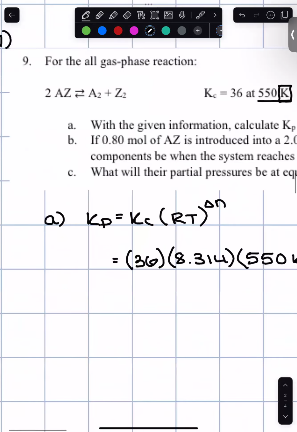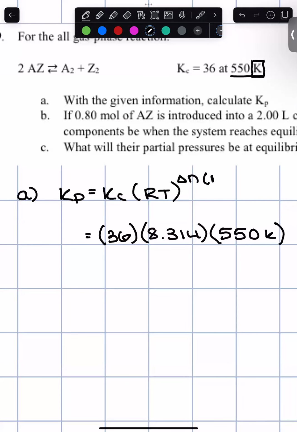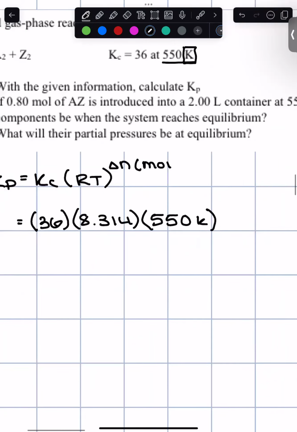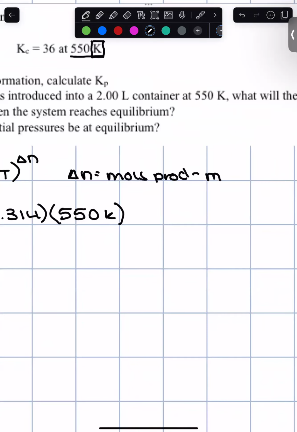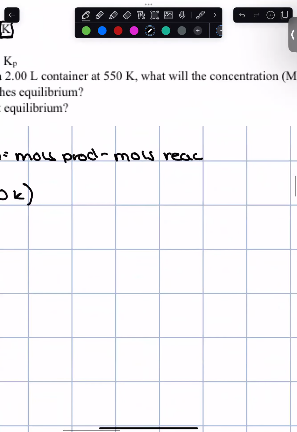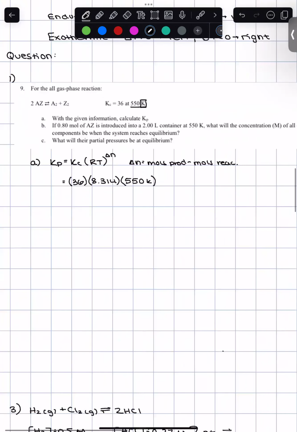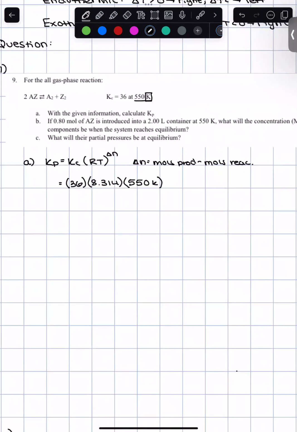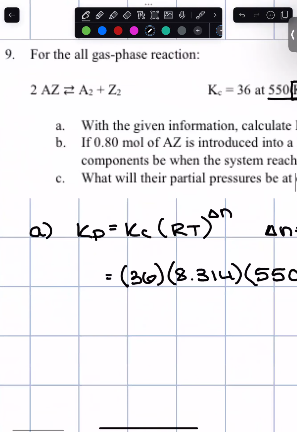To the delta N. So remember, delta N is a little confusing. Moles of product minus moles of reactant. So we have 1 mole and 1 mole.